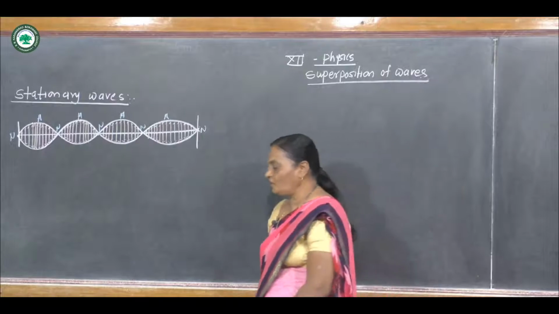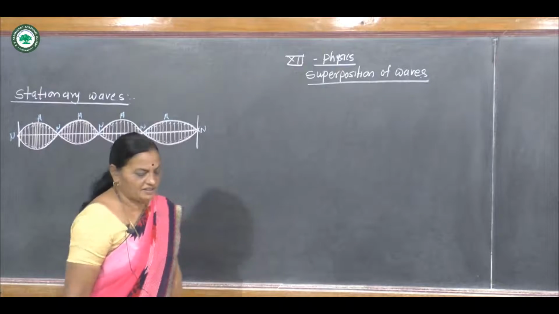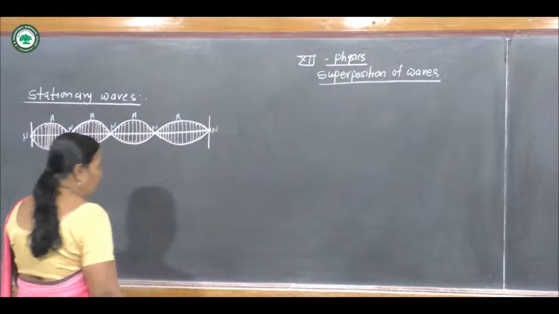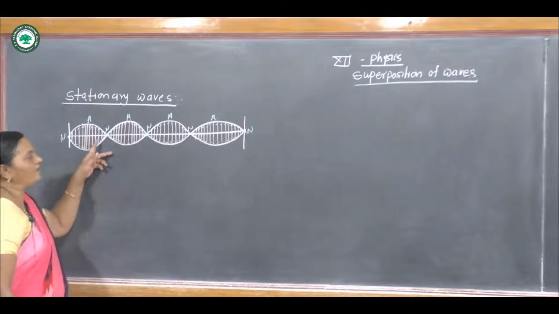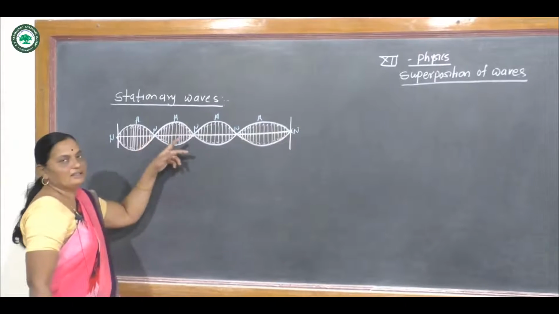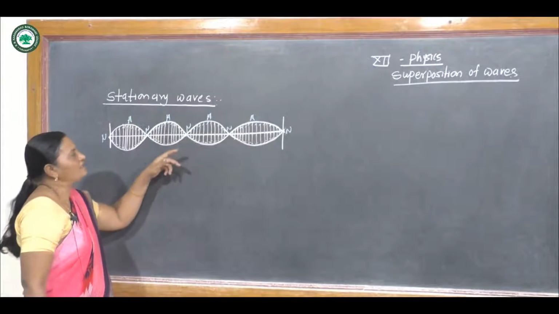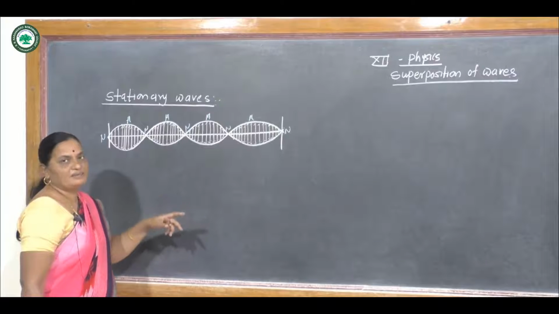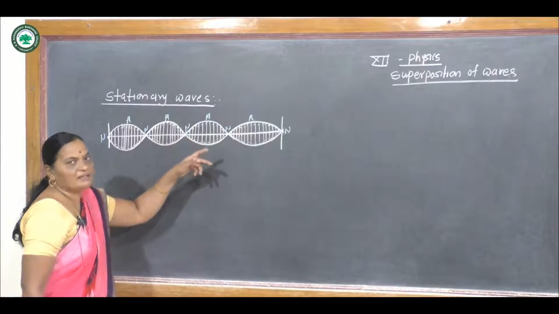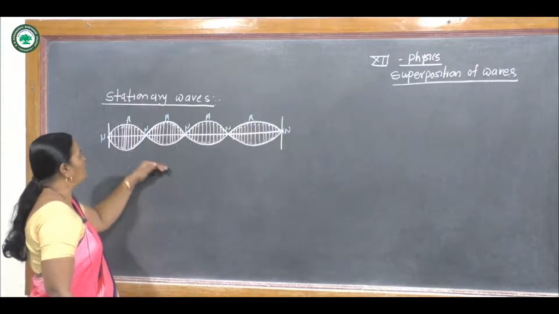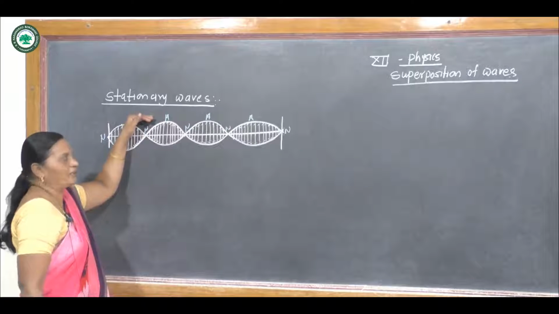The stationary wave has a loop-like structure. It is formed by two identical progressive waves having the same amplitude, traveling along the same path but in the opposite direction, forming a stationary wave.